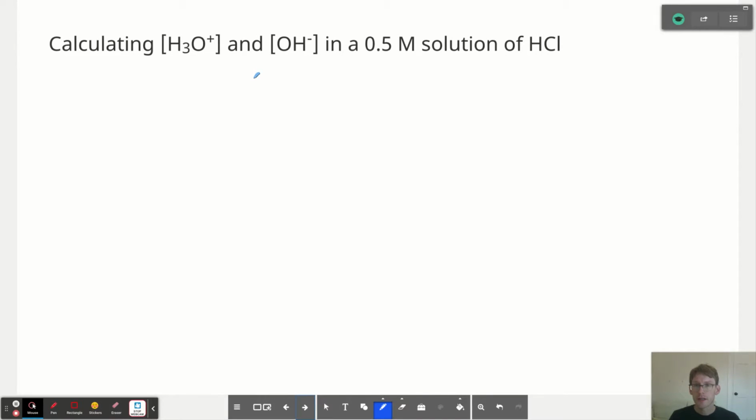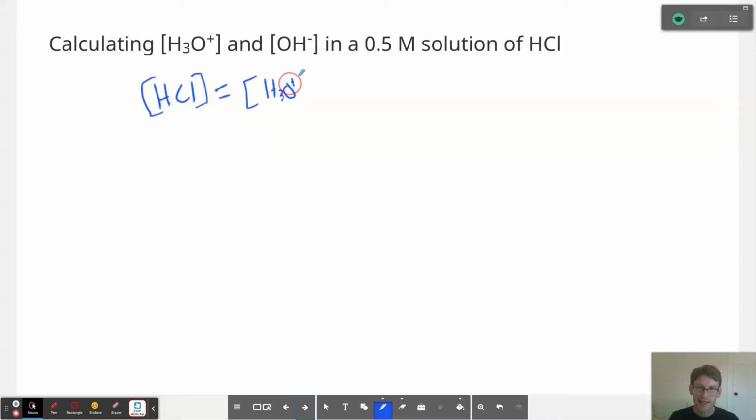So if we want to calculate the H3O+ concentration and the OH- concentration in a 0.5 molar solution of HCl, we can say that HCl is an acid and it dissociates 100%. We know this because it's a strong acid. So we're going to make the assumption that the concentration of HCl is basically the same as the concentration of H3O+.